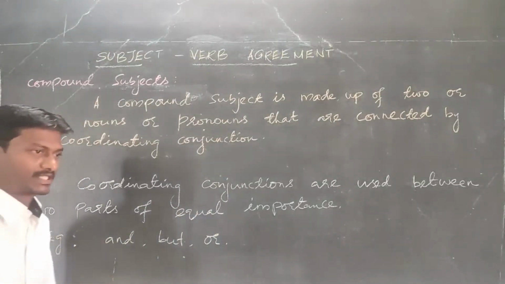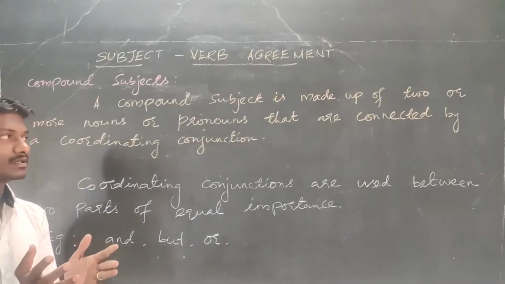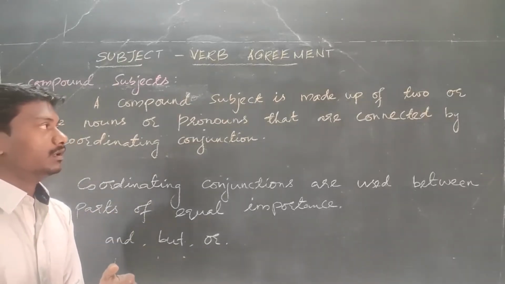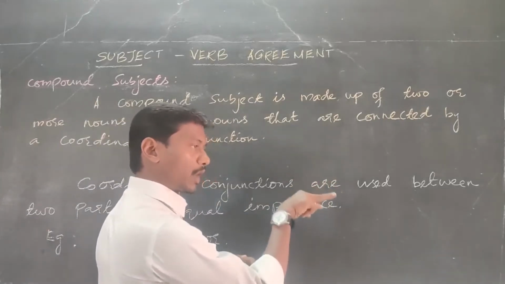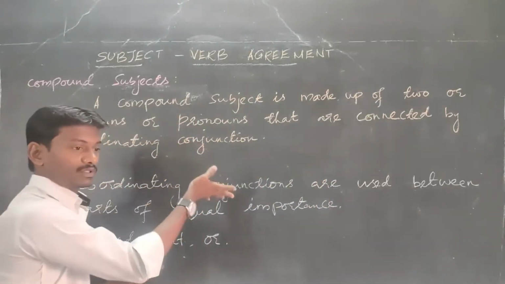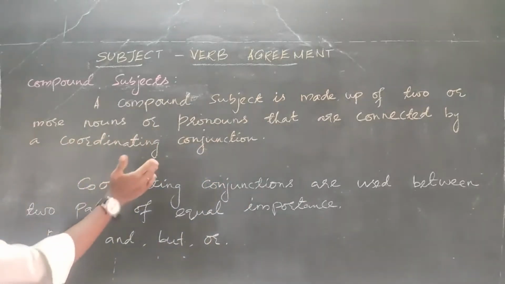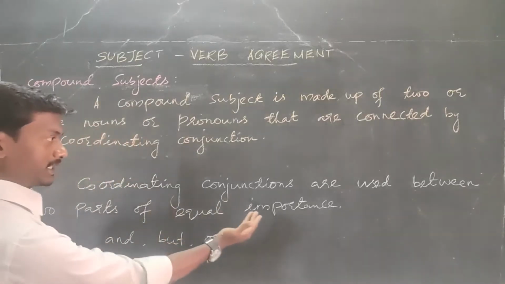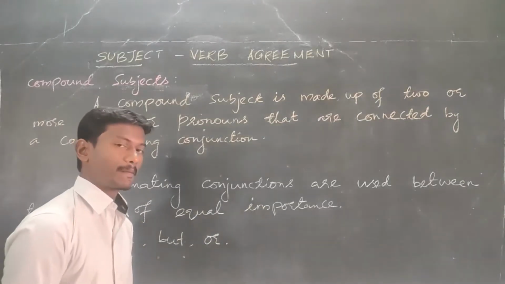It does not have one noun or pronoun, but two or more. Those are connected by a coordinating conjunction. Coordinating conjunctions are used between two parts of equal importance.